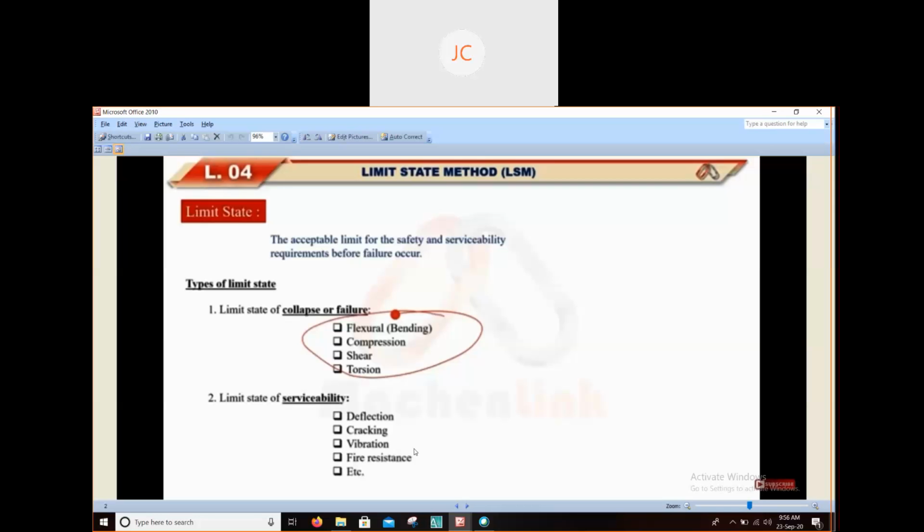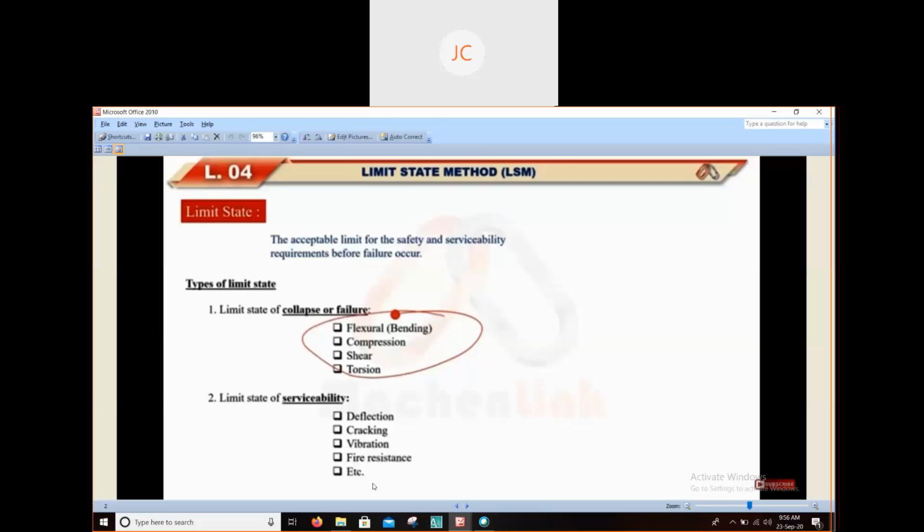Next, fire resistance. Our building must be resistant against fire, as all of you know. If you say that our building is safe, it doesn't mean it is only safe against structural load. Your building must be safe against bending. It must be safe against compression, that means your columns must be safe. Then shear, that means your stirrups must be provided in the right places.